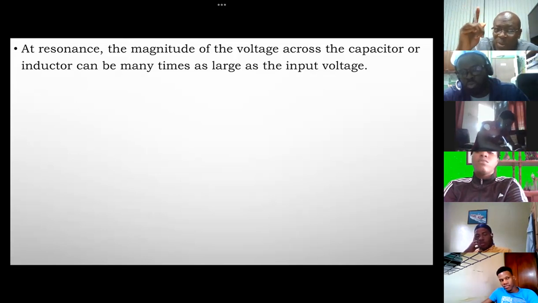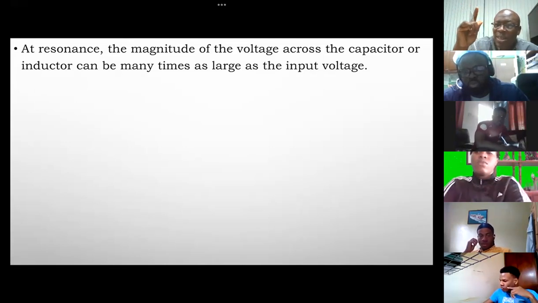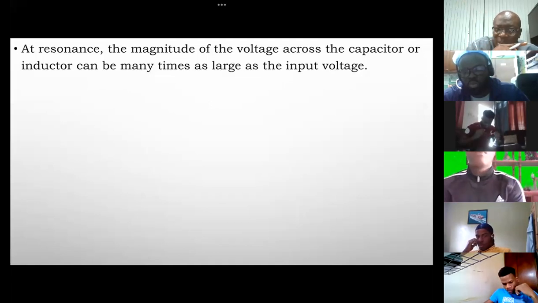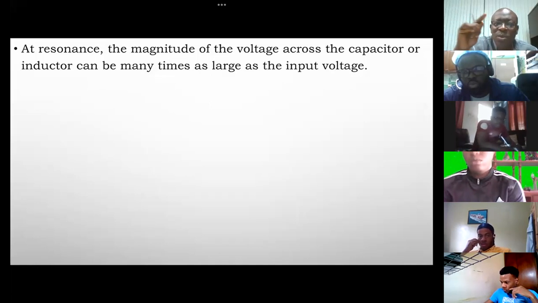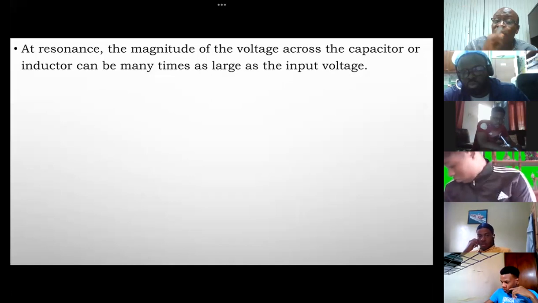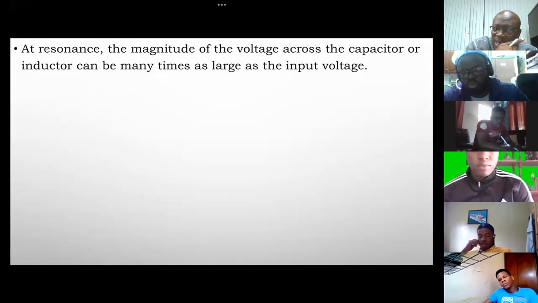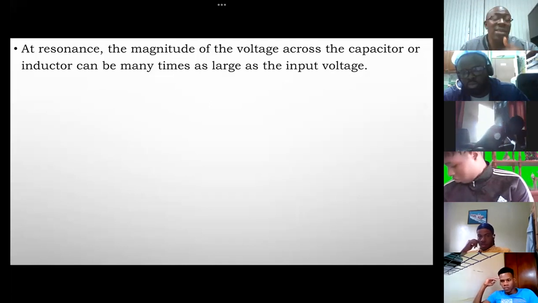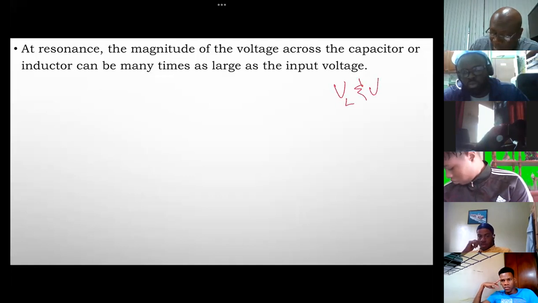With the maximum current and large reactances, you can have very large voltages across L and C. But because XL and XC are equal and opposite, VL and VC will also be equal but opposite, so they will cancel each other.